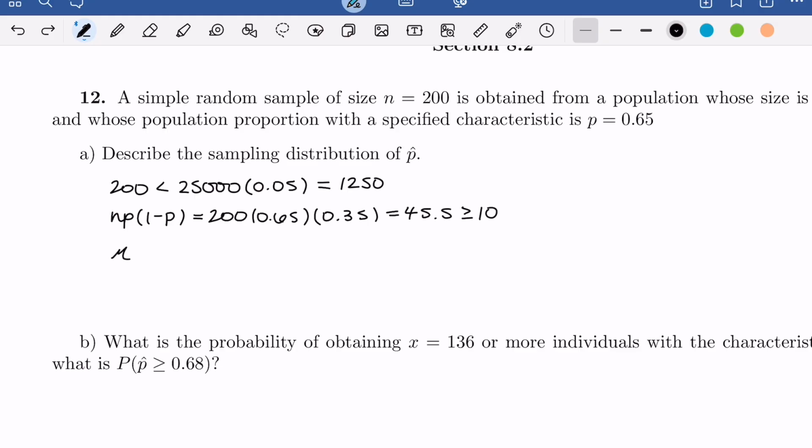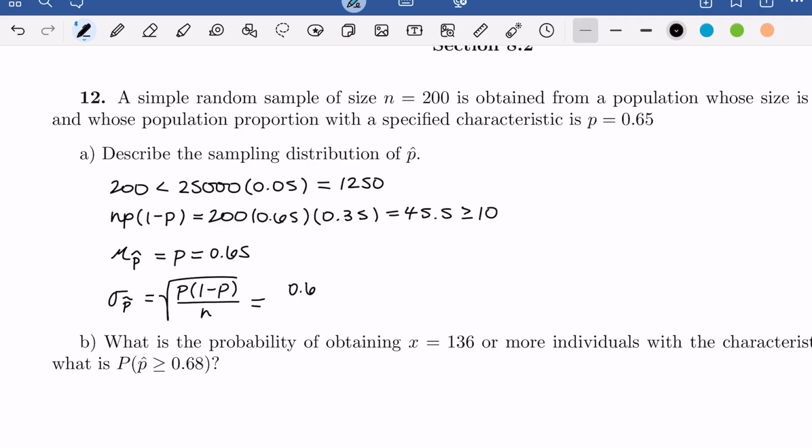And the mean, which is denoted with mu sub p hat here, is going to be equal to this population proportion given in this problem, which is 0.65. And then the standard deviation of our sample proportion, denoted like this here, is going to be given by this. So let's plug in our known values.